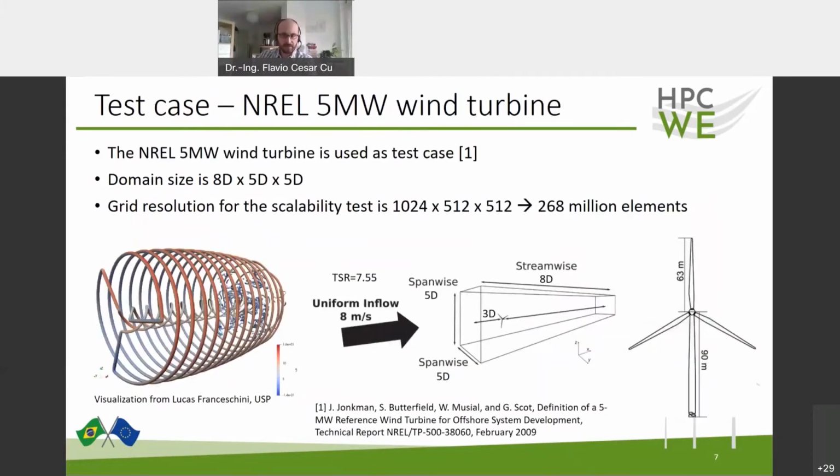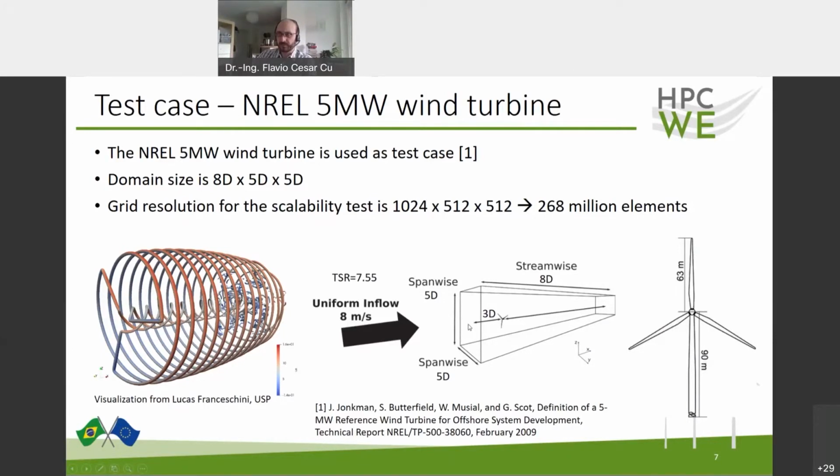The test case I have used for most of the simulations is based on the NREL 5 megawatt wind turbine that also has been presented by other colleagues from the project. The domain size I have used for these simulations is 80 diameters in the length and 5 diameters in the span-wise direction.